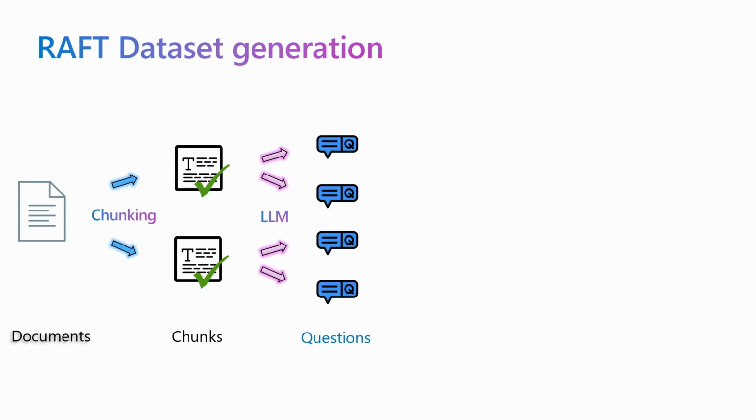For each of those chunks, we are going to generate a set of questions. Think of it as, hey, I have that small extract of a big document. Find all the questions that would make sense to ask about that chunk, which means that you don't have to do it manually. You delegate the task to a big LLM. In that case, we are using Llama 3 70B Instruct to fine-tune the Llama 2 7B completion model, and more on this later.